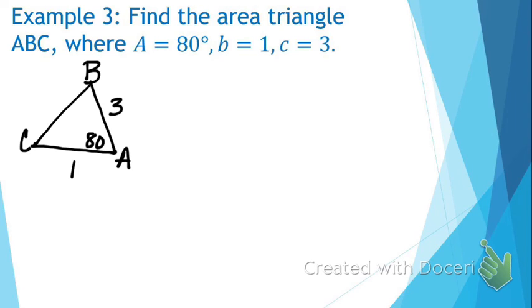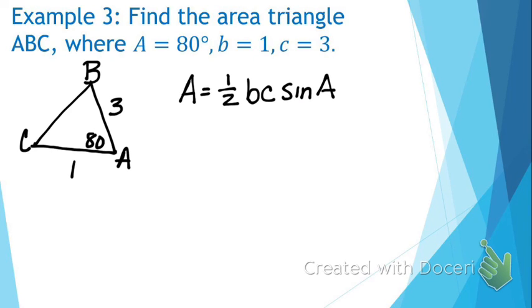So this is going to be the sine area formula, because I have two sides and I know the angle in between those sides. It's just area equals 1/2 bc sine A.